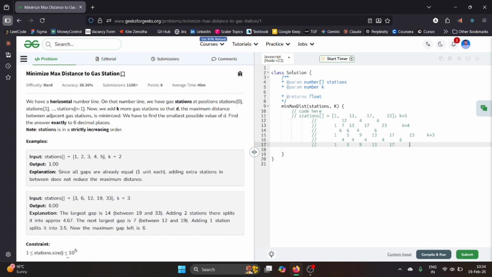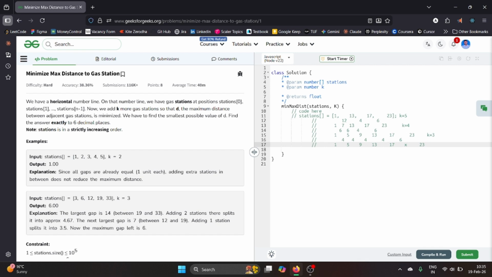Let the new gas station be X. In the last position we have 23. What should be the gap in between them? The gap should be divided equally. We have to divide our gap distance 6 into 2 equal distances.